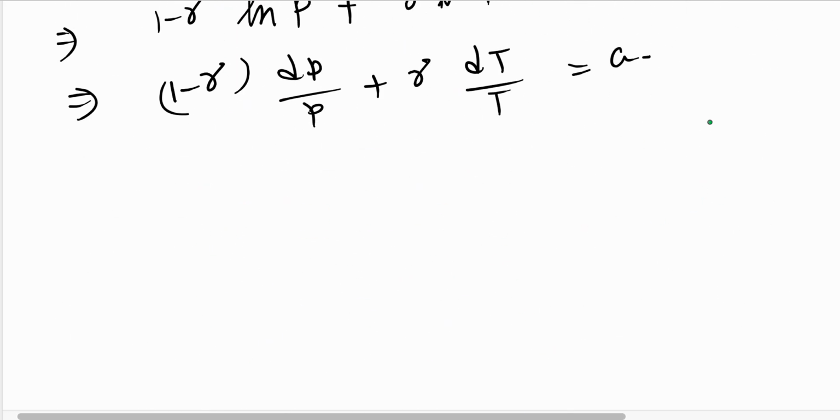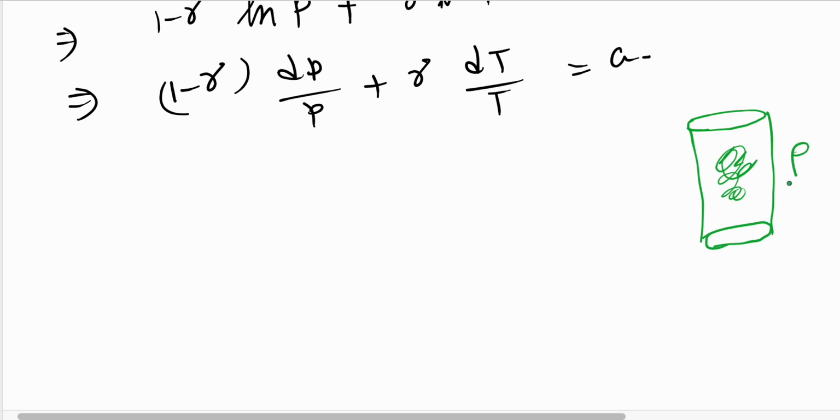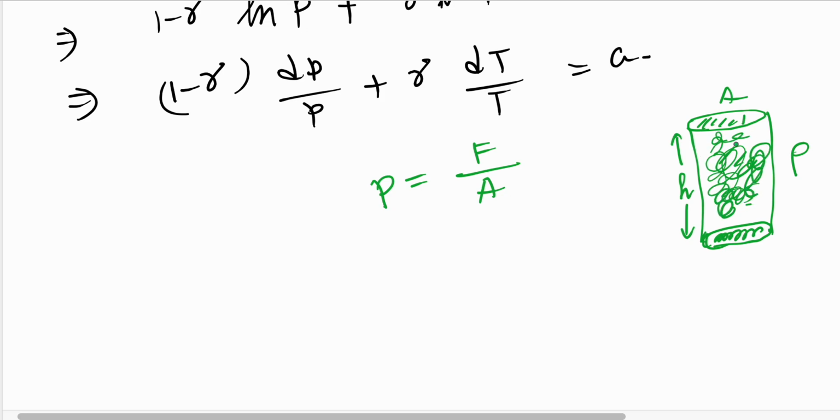So we know that this is a cylinder in the atmosphere. If the density of the gas here is rho, the height of the cylinder is h and the surface area is A, what is the pressure? Pressure will be nothing but the force by the area acting on this surface. The force is nothing but the total weight of the gas inside this cylinder.